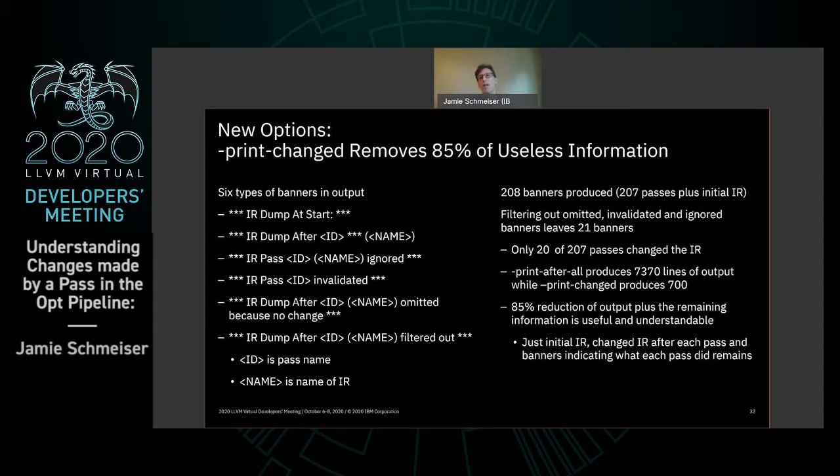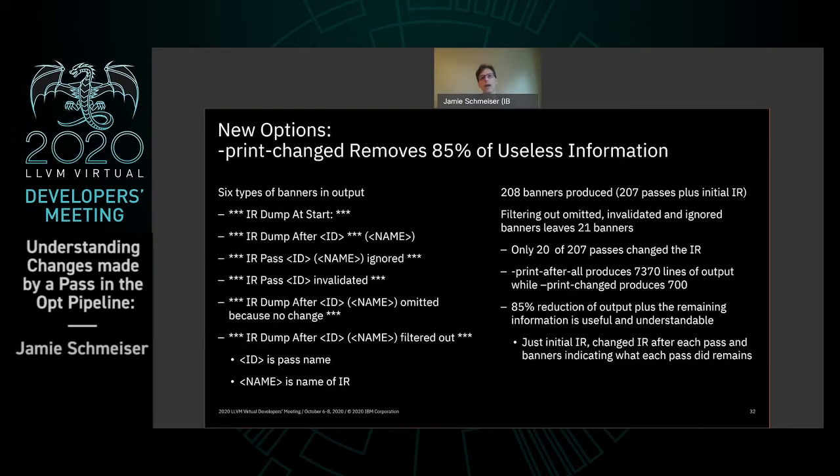The banners indicate whether the pass changed the IR, in which case the IR is reported, or whether it was not reported and the reason why the IR was not reported. This can be because it was for an invalidated pass, it did not change the IR, or it was filtered out using a supported option.